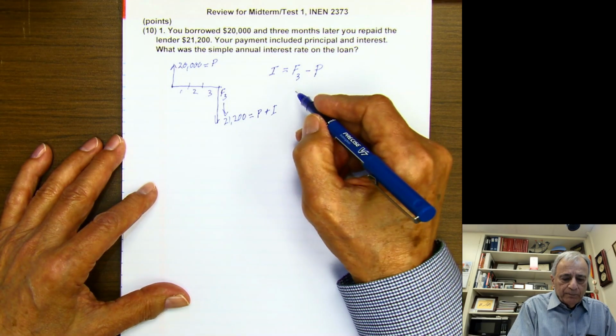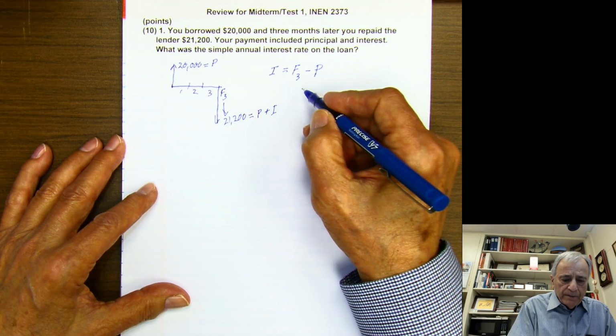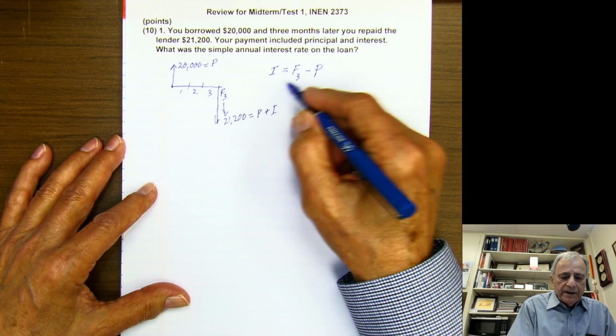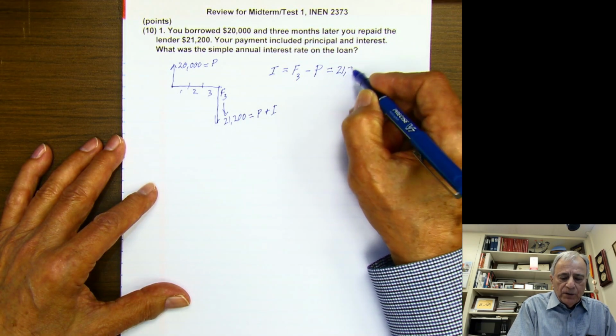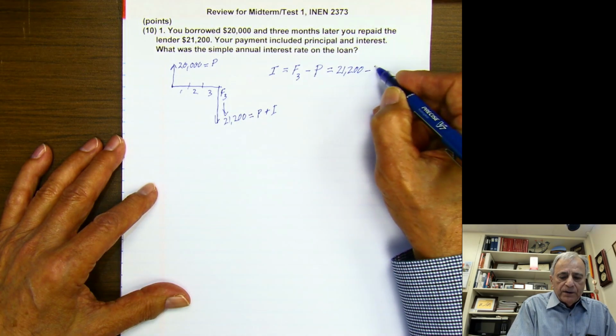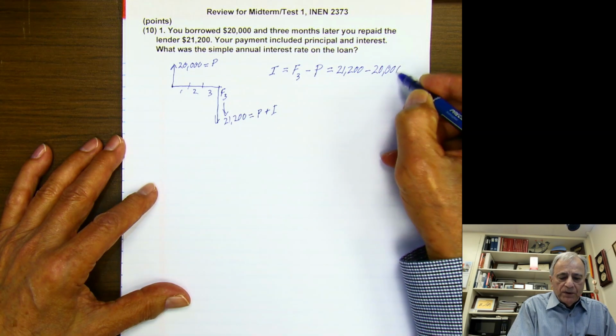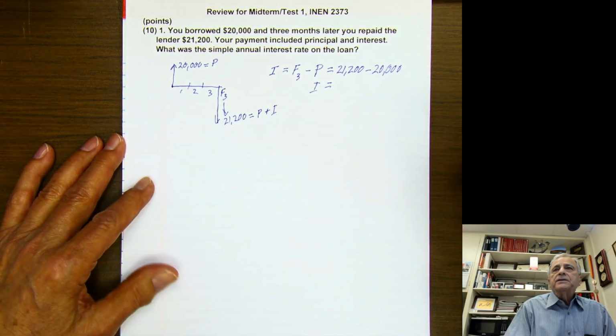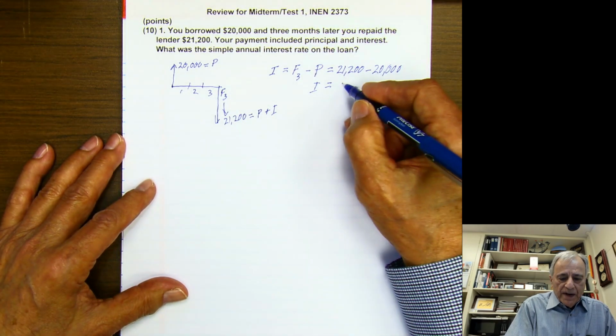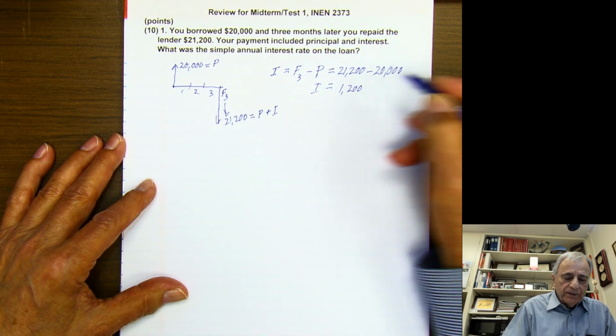So the interest is $21,200 minus $20,000, which you could have probably done mentally, was $1,200.